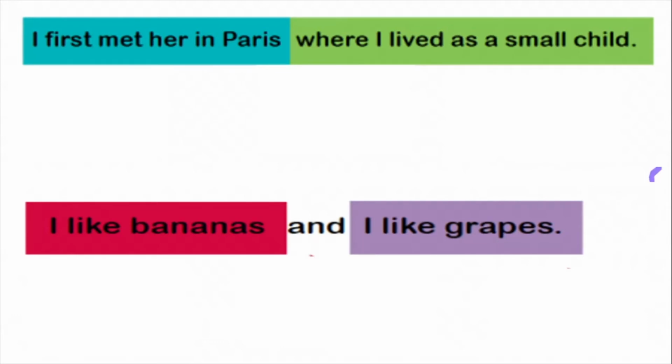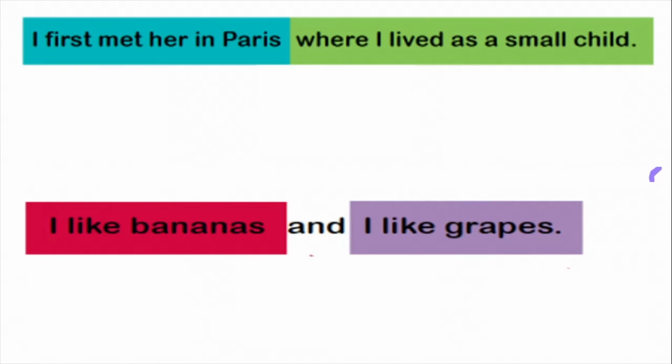I first met her in Paris, where I lived as a small child. So look at these two parts of the sentence. They are given in two colors to highlight that these are two different parts. So, "I first met her in Paris." Read it again. Does it make complete sense? Yes, it does. What about the second part, the part marked in green? "Where I lived as a small child."